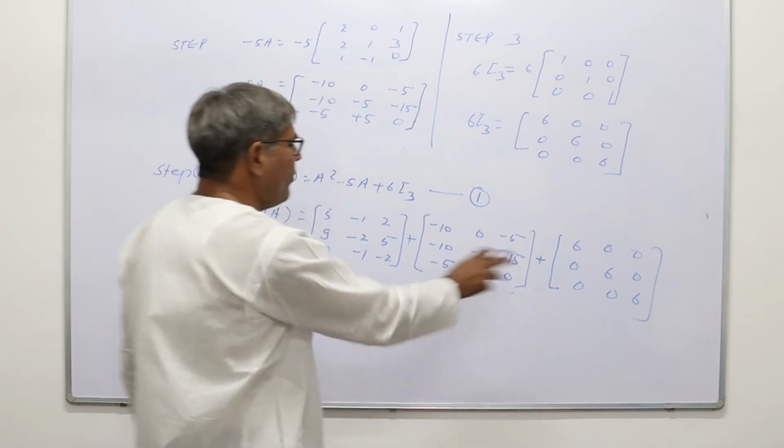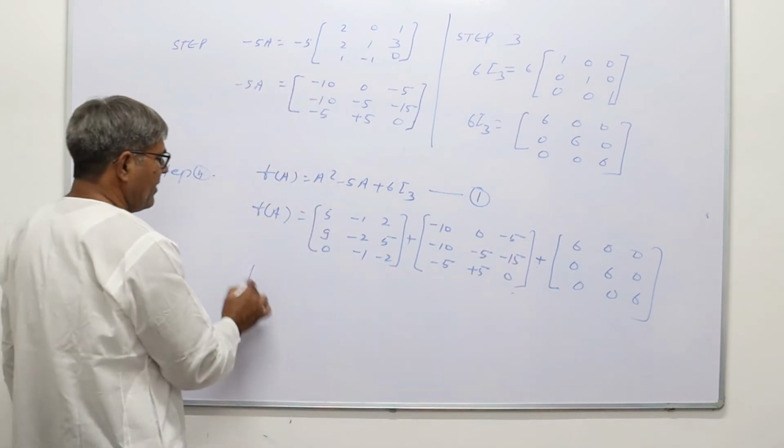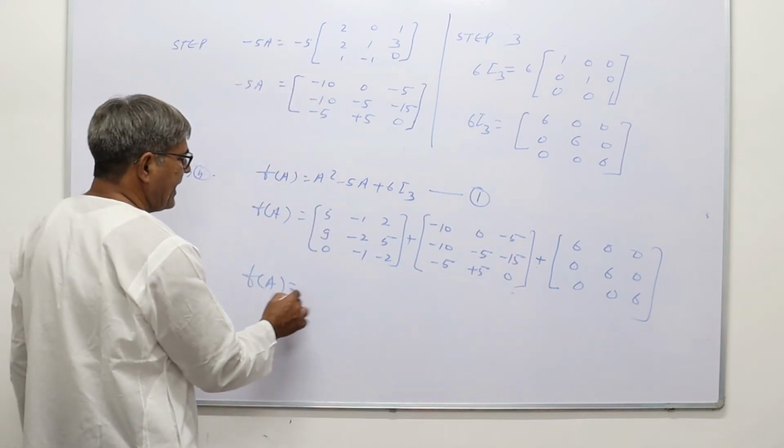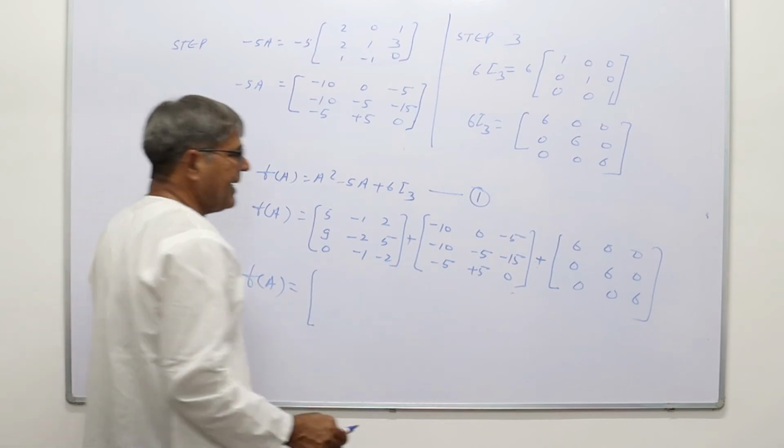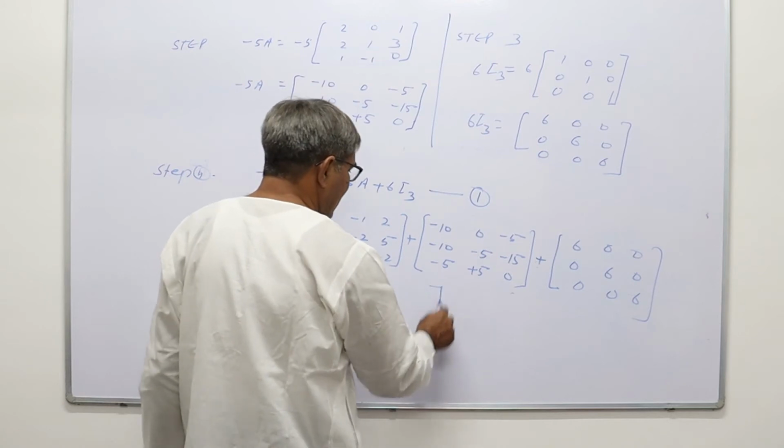Now, simply we have to add these three matrices, which will be equal to f of A, that is matrix polynomial of A. So, how will we add? All the three matrices are of order 3 cross 3.